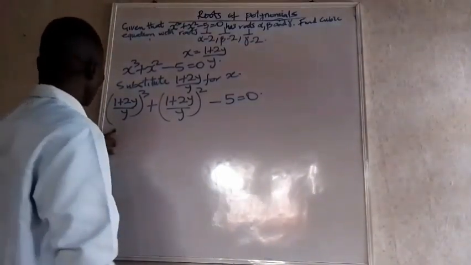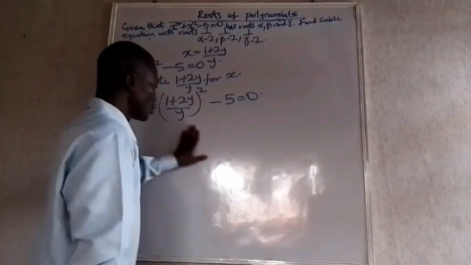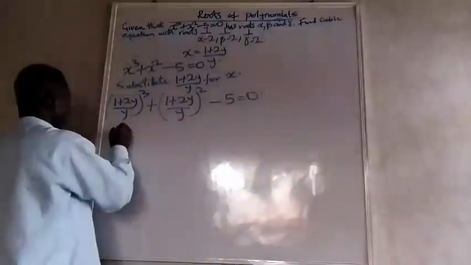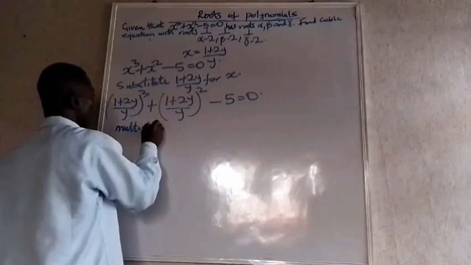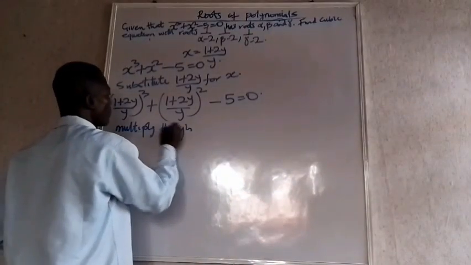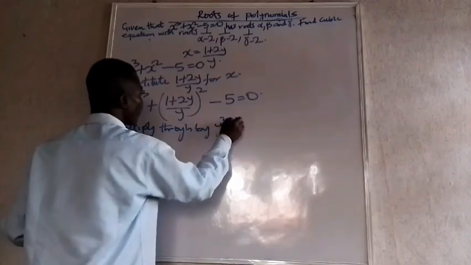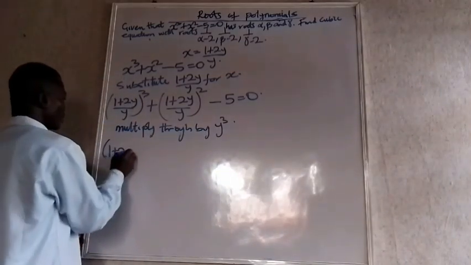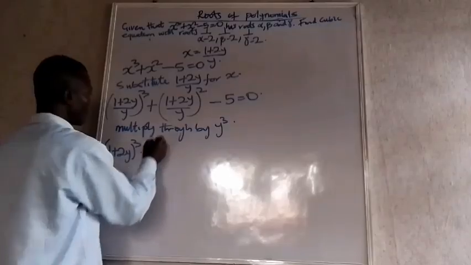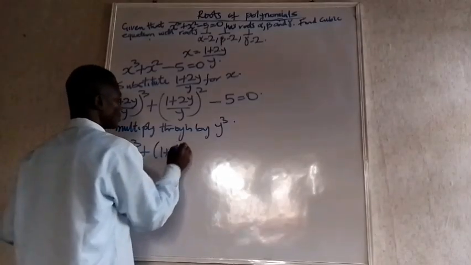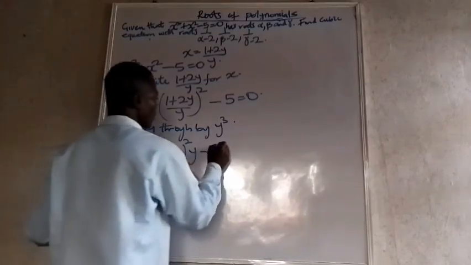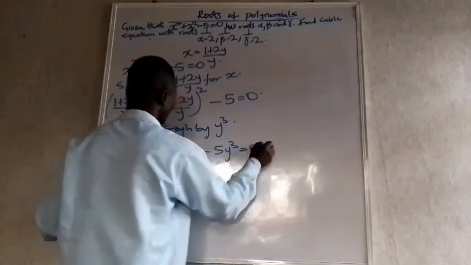The cube is going to show here, so let's multiply through by y cubed. So I'm going to have (1 plus 2y) cubed plus (1 plus 2y) squared times y minus 5y cubed.